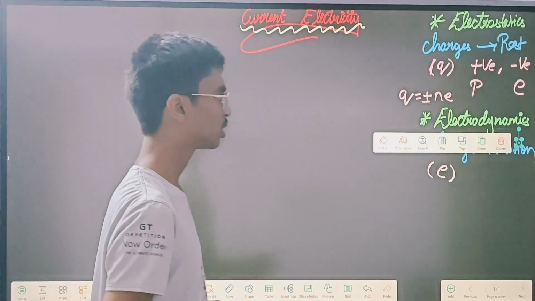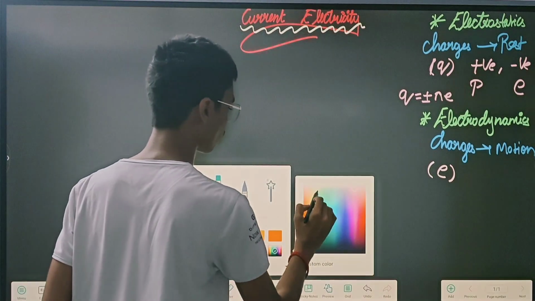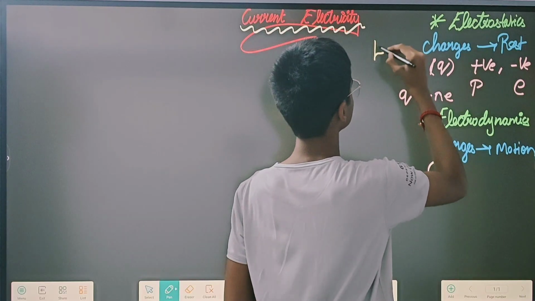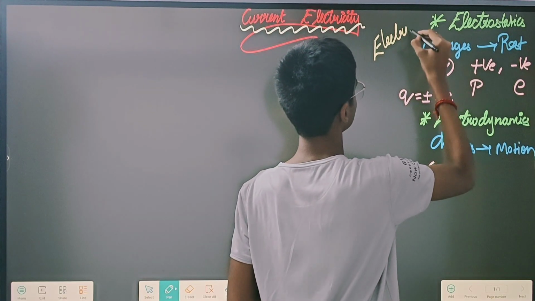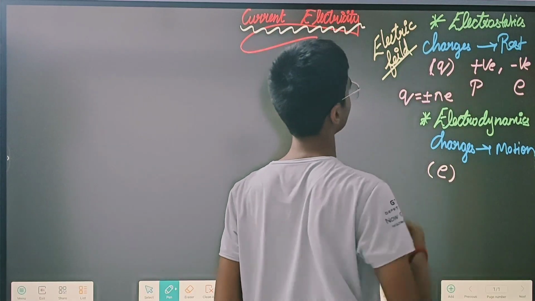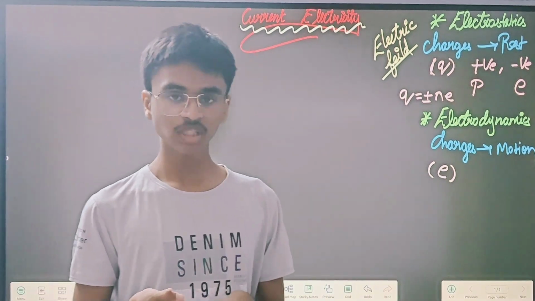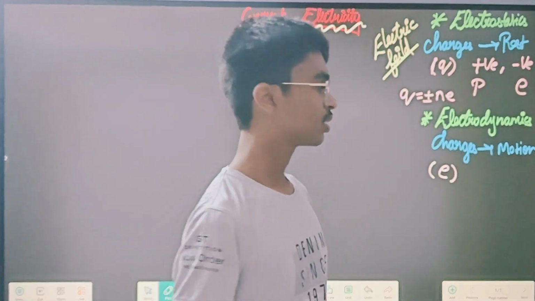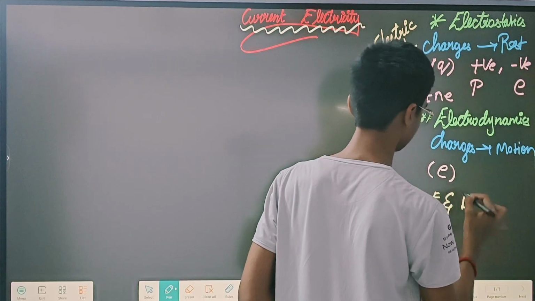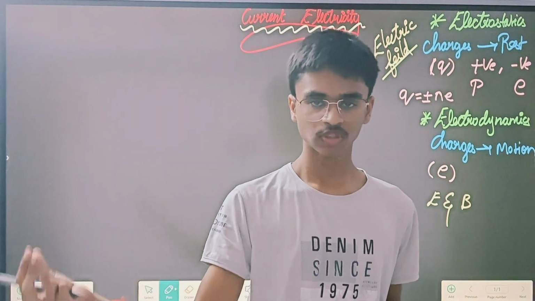What is one of the most prime differences between electrostatics and electrodynamics? In electrostatics we were constantly studying one topic, that is the electric field. But in this topic we will be studying both electric field and also magnetic field, because of the motion of charges.